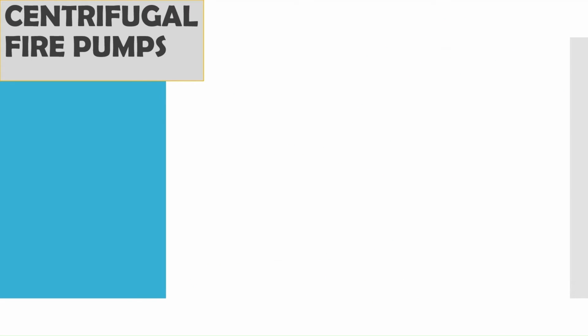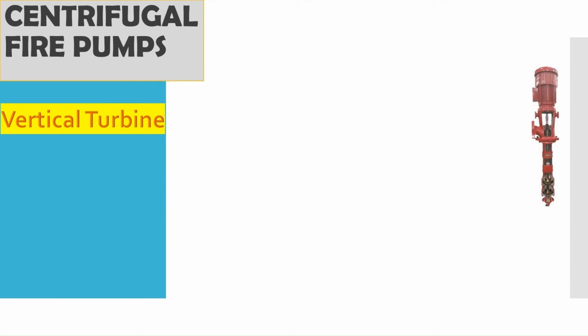Moving on with vertical turbine fire pumps. As you can see on your screen, these fire pumps can be installed vertically, and if you have limited space and the water tank is underground, you can go ahead with this kind of fire pump. They have multiple impellers, which makes these pumps able to handle higher flow rates.